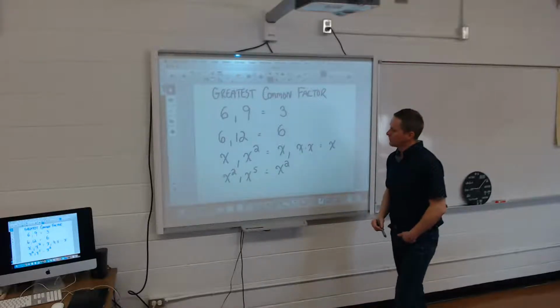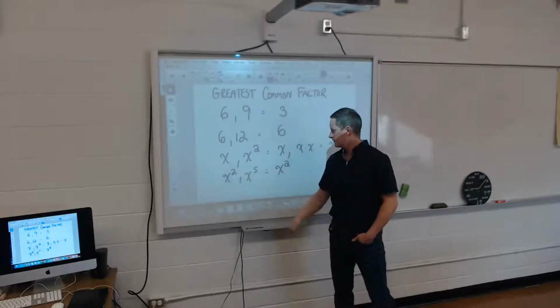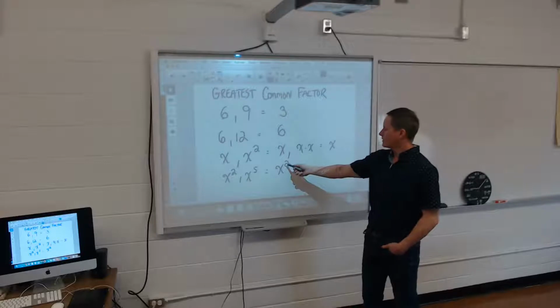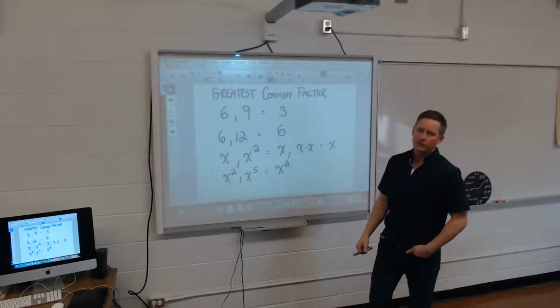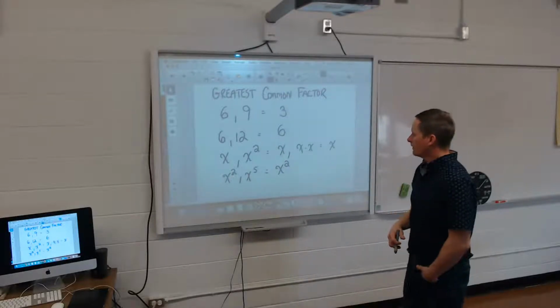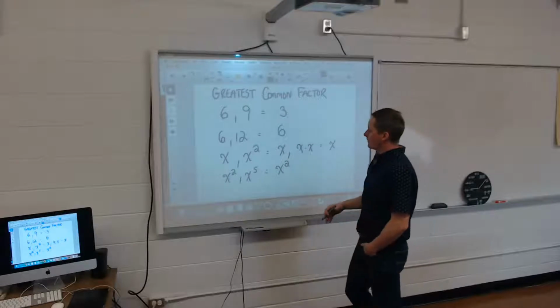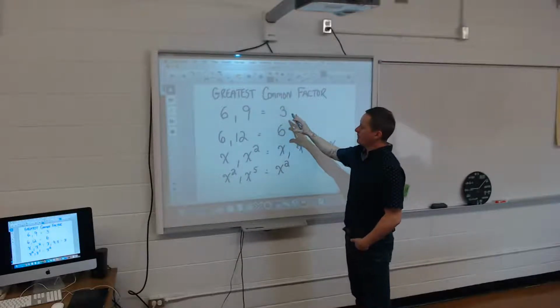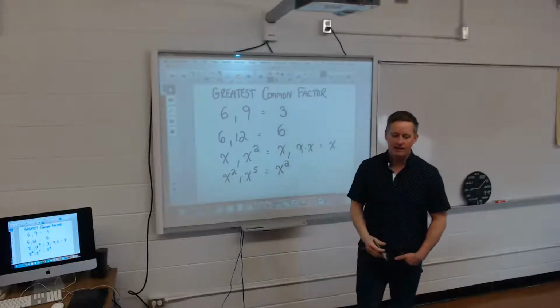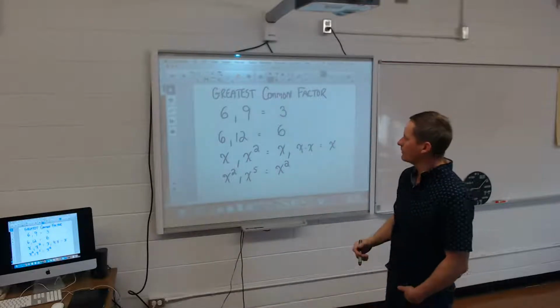Okay, so x squared goes into x squared evenly, and then x squared divided into x to the fifth would leave you with x cubed. Okay, because we subtract the exponents. So this is the very foundation of where we start with factoring, is we start with the greatest common factor.